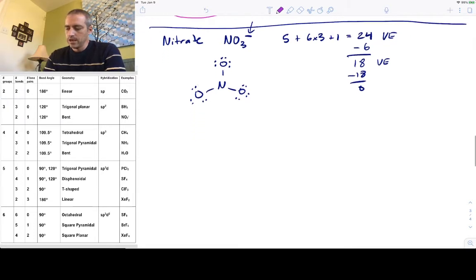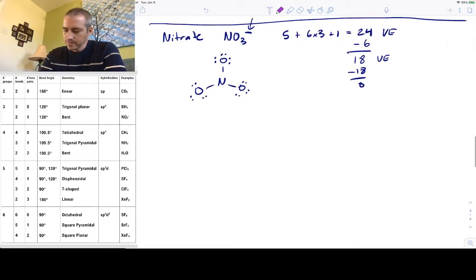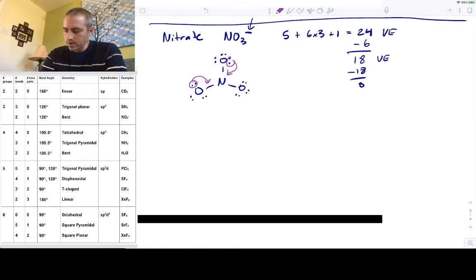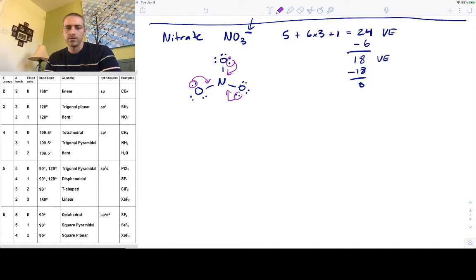Now, if you look at the nitrate structure, it has 3 atoms that are adjacent to the nitrogen that all have lone pairs. So you could pull one of those 3 pairs down. So we have 3 possible options in the 3 structures we're going to get. We're either going to get this one, 2 left on that oxygen, and 3 pairs here, and 3 pairs here.